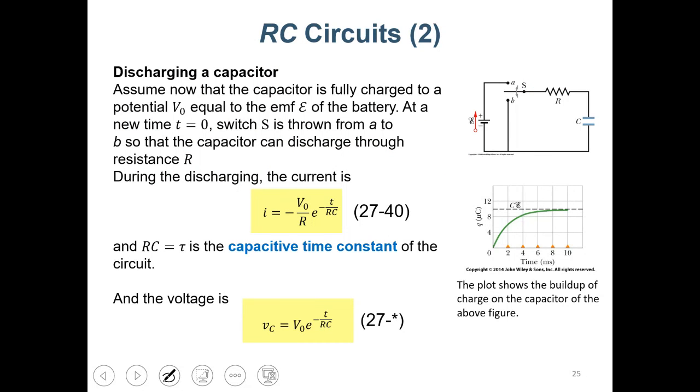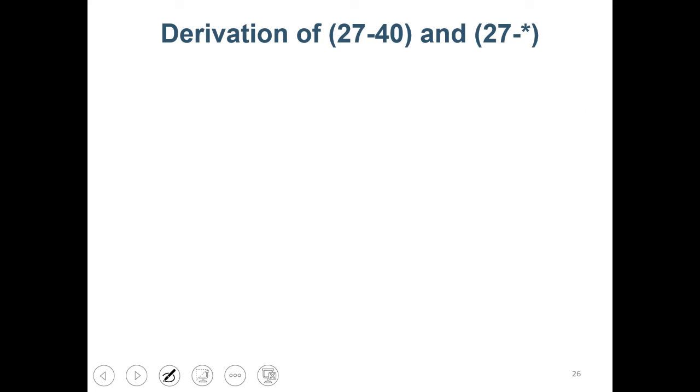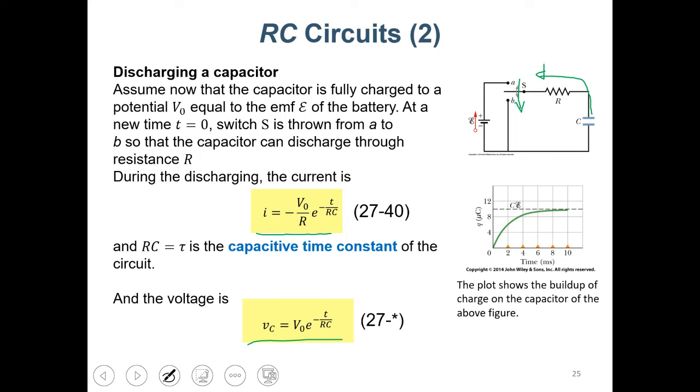And actually, for this case, after the capacitor is charged, and then the switch turns to point B, the capacitor will be discharged, and actually the current will be something like this, and Vc will be something like this.